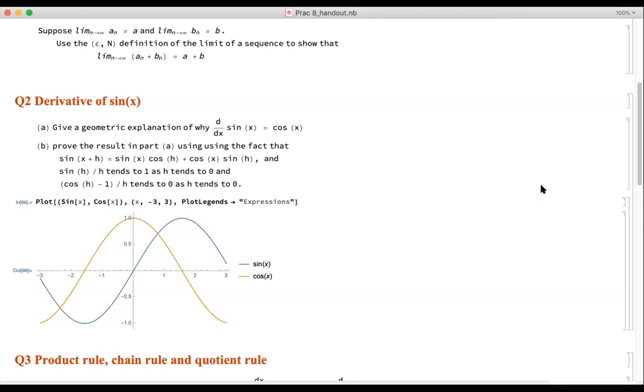Anyone? How do you find the derivative at a given point? For example, let's say x equals 0. I want to find the derivative of sin x here. I don't want a formula, but just tell me what it means. What is the derivative at x equals 0?